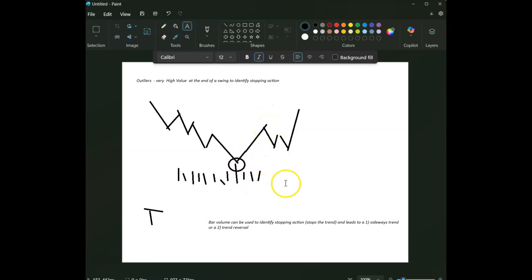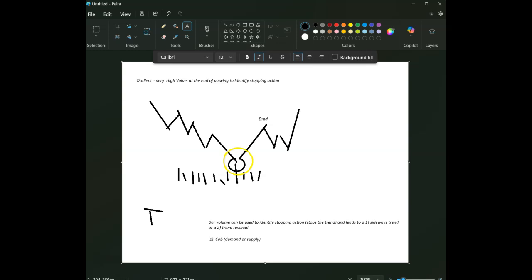All right. Now what to look for after stopping action? What do you look for? You look for a change of behavior, which could be strong demand, like I showed you, or supply. All right. So here, demand.